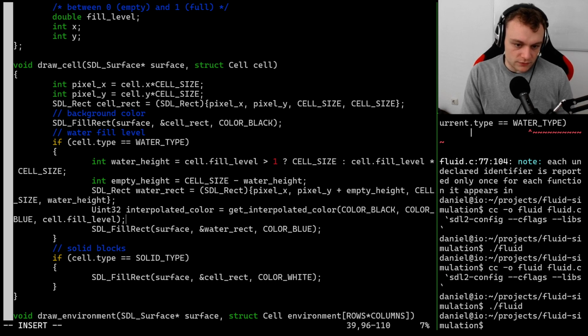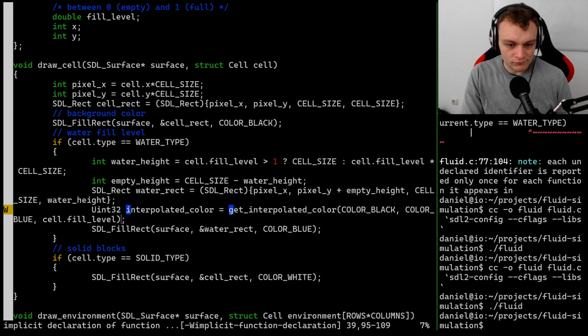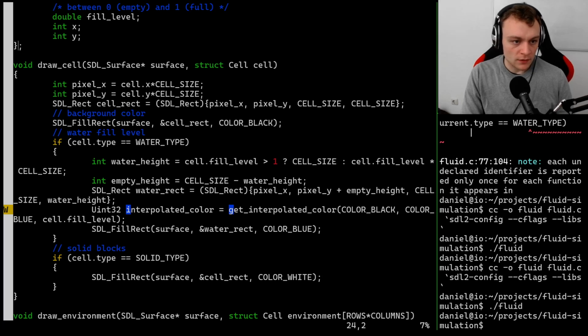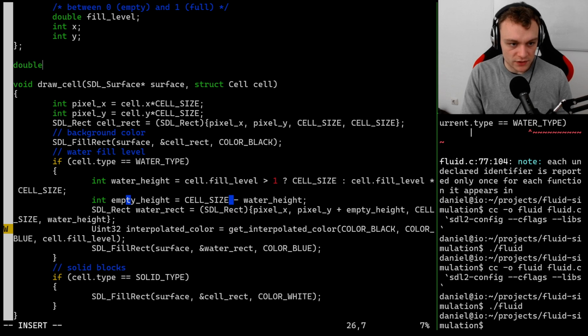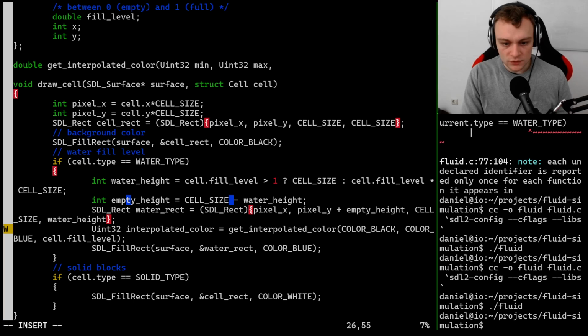Cell dot fill level. Okay. And up here we create a method that returns a double, get interpolated color. We provide a UN32 min, a UN32 max, and the cell's fill level. Sorry, double percentage.